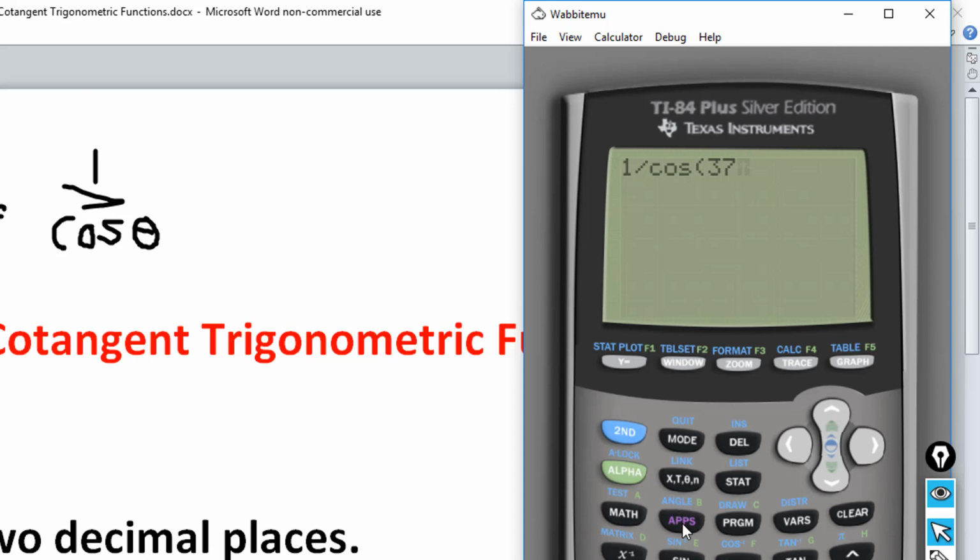Then number 1 is degree, so hit 1. So this is telling me that the secant of 37 degrees is the same as 1 over cosine of 37 degrees. We hit enter, and this is rounded off to 2 decimal places, so this would be 1.25.